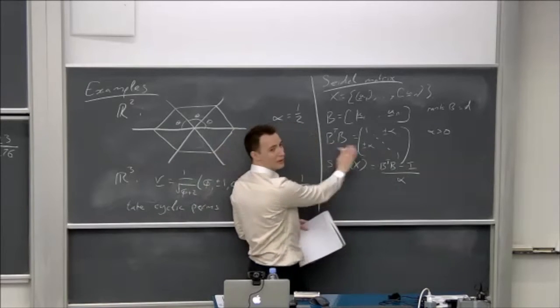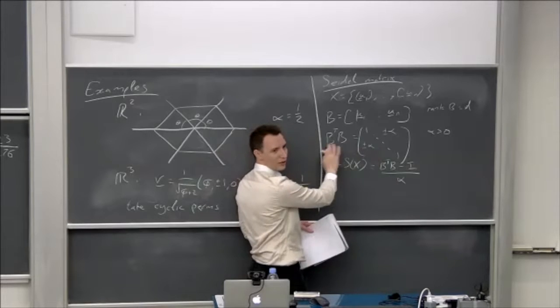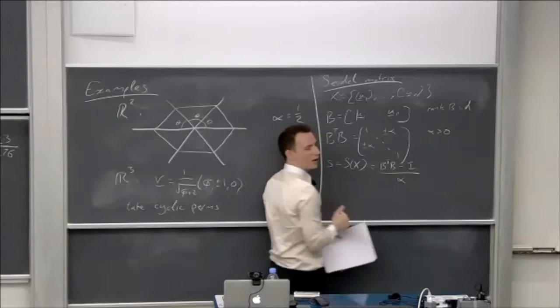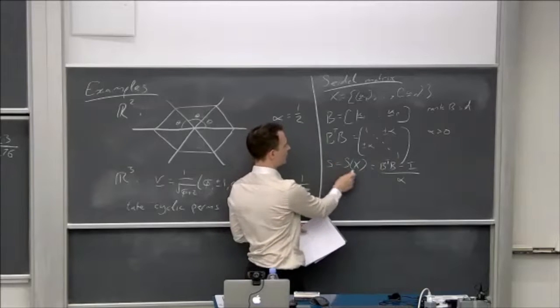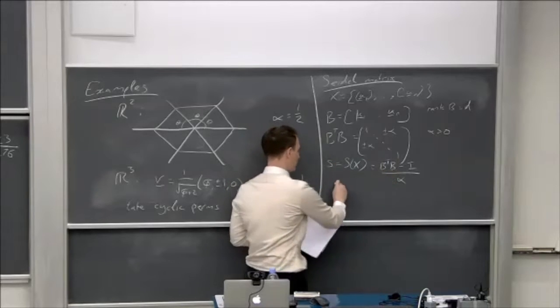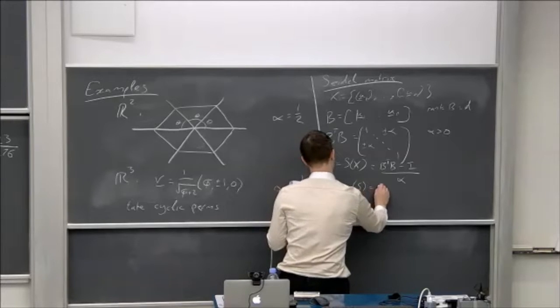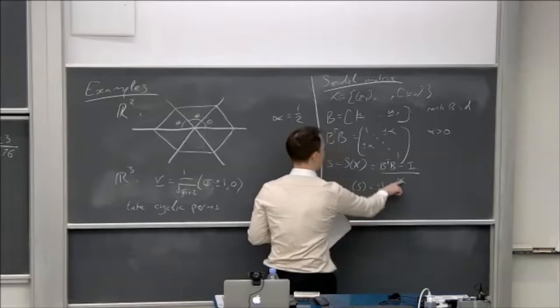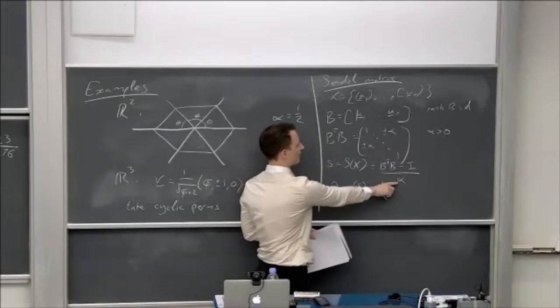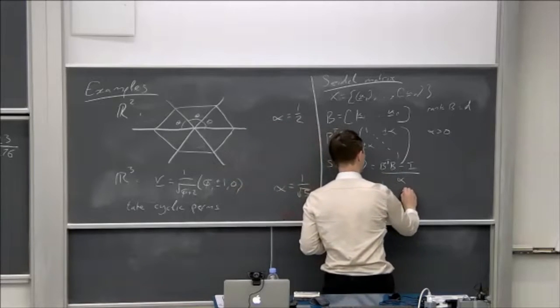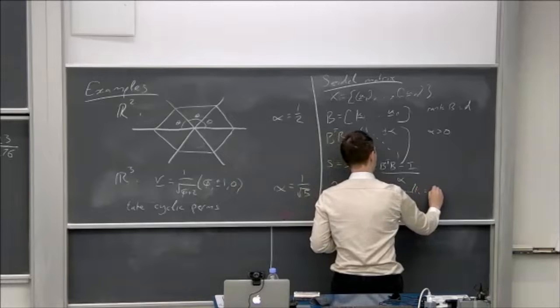Here we have a positive semi-definite Gram matrix, and the nullity is just n minus d. So when we take the Seidel matrix, we find that the smallest eigenvalue, lambda min of S, is equal to minus 1 over alpha, and we know the multiplicity is equal to n minus d.